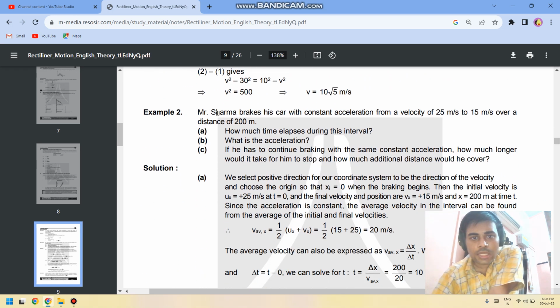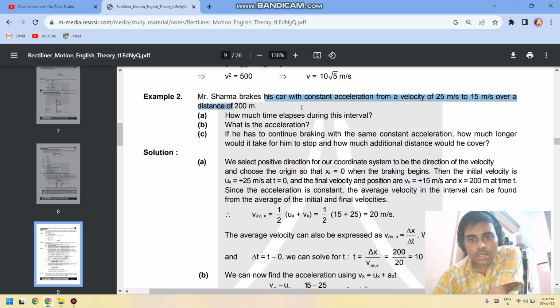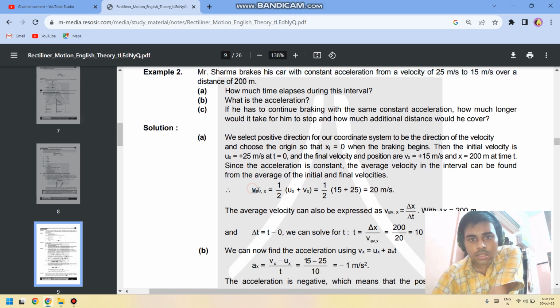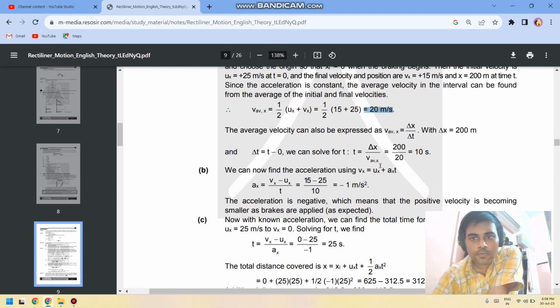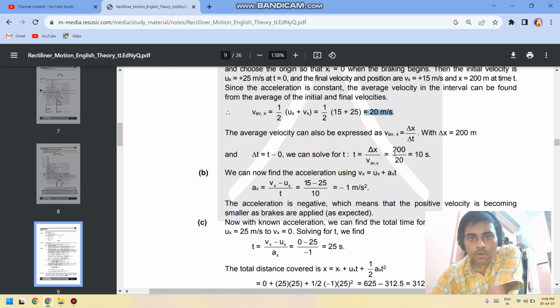Now, there is another question. Mr. Sharma brakes his car with constant acceleration from a velocity of 25 to 15 meter per second over a distance. So the change in velocity is 10. The average velocity is 1 by 2 (u plus v), which is 1 by 2 (15 plus 25) equals 20. You can read this question.